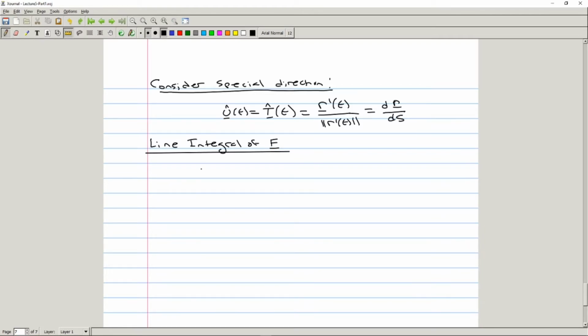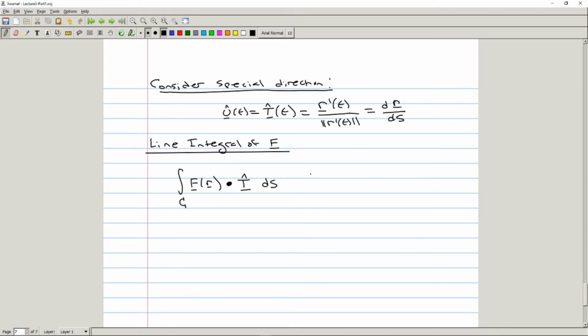So it's the line integral over C of the vector field F, which depends on r, dotted with T hat on the curve, ds. So it's the line integral of this scalar function. This is sometimes called the line integral of the vector field.